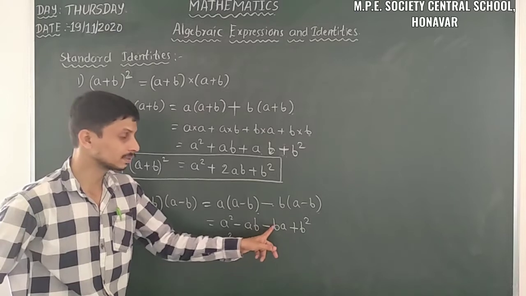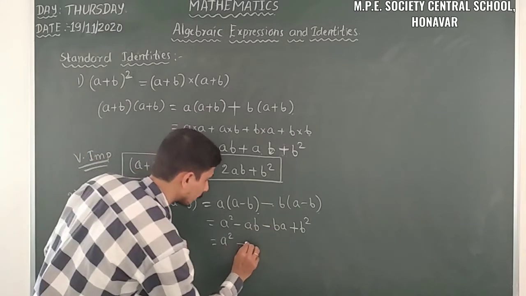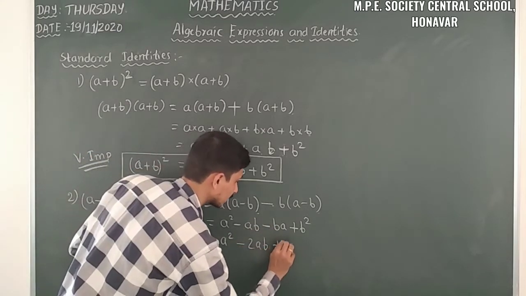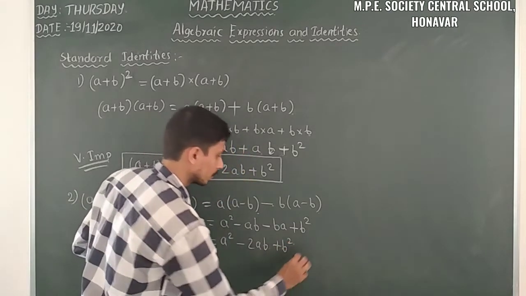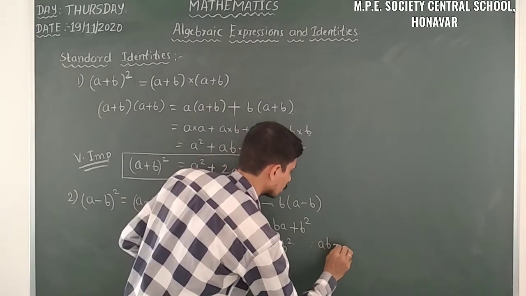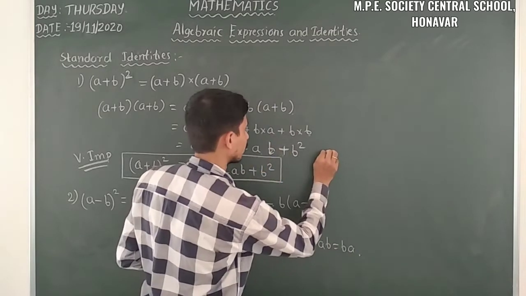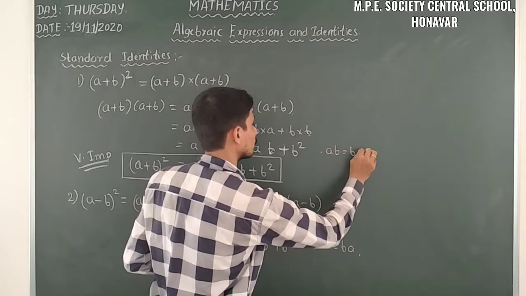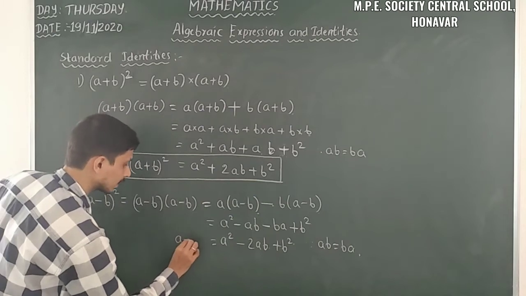Because ab is equal to ba, that is minus 2ab plus b square. So this is a minus b whole square.